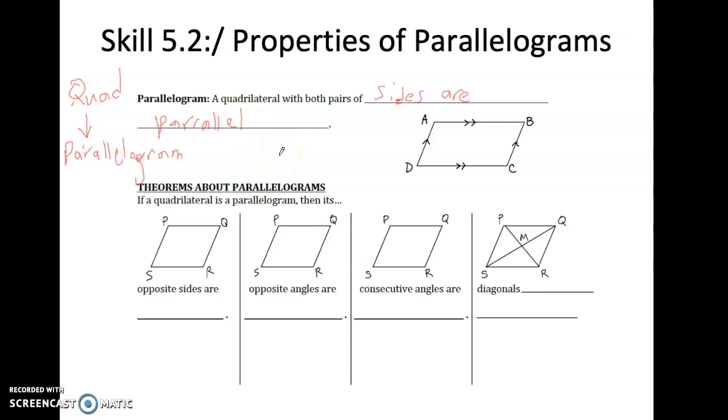But now that we're in high school, we're actually going to develop a few more theorems that will really help us with problem solving.